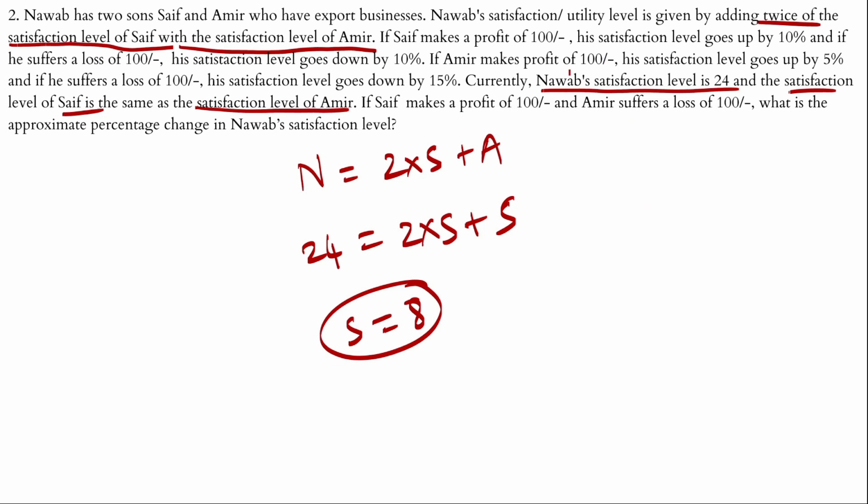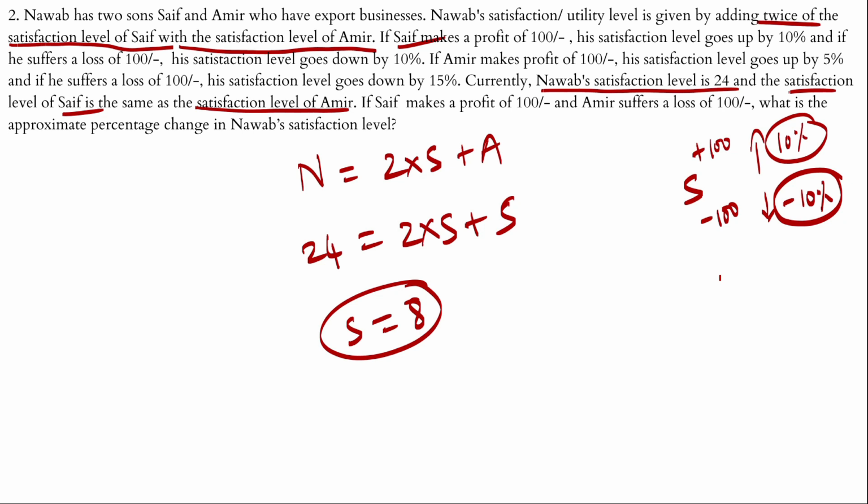Now we have two more equations here, two more relations. If Saif makes a profit of 100 rupees, then his utility level rises by 10%. What if he incurred a loss? If he incurs a loss, then his utility level comes down by 10%.